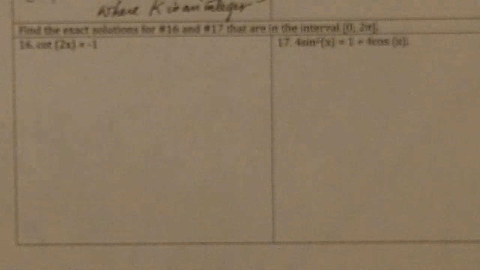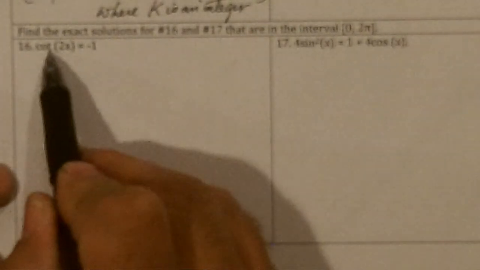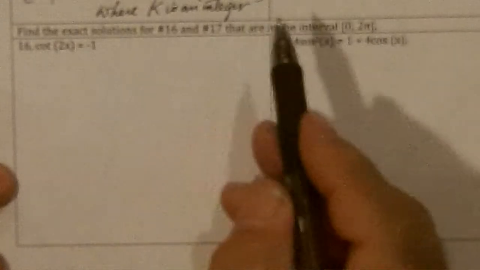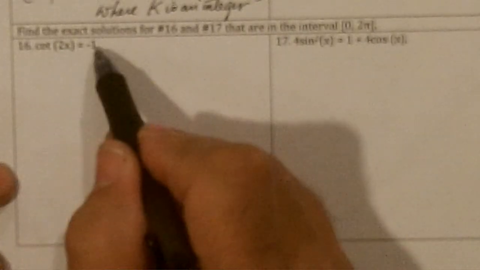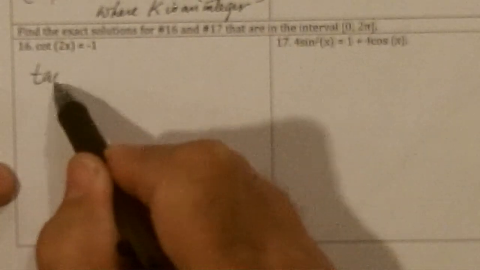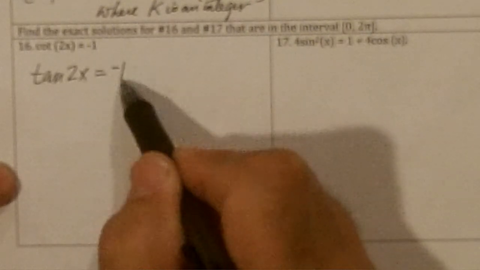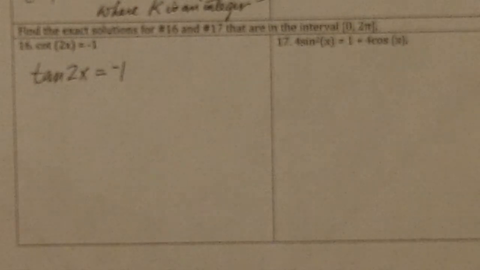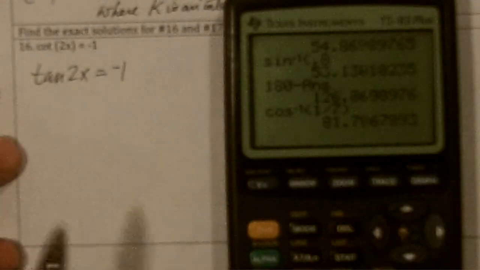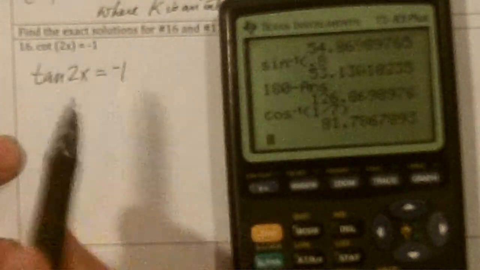Alright, now we've got to do more solving. Cotangent is -1. Well, if cotangent is -1, then the tangent of 2x is the reciprocal of that, which is also -1. And so to get the tangent off of this, we'll do tangent inverse.